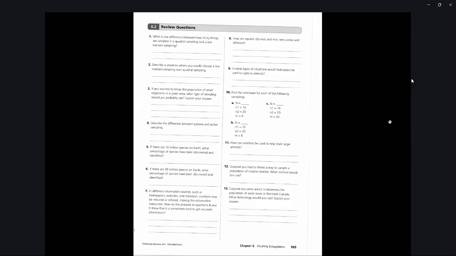Line sampling, you're looking at just the population living along that line. So when you're looking at more of the overall area, you're going to be looking more at the quadrant sampling technique. Whereas with a line sampling, you're actually looking at a specific area, right?